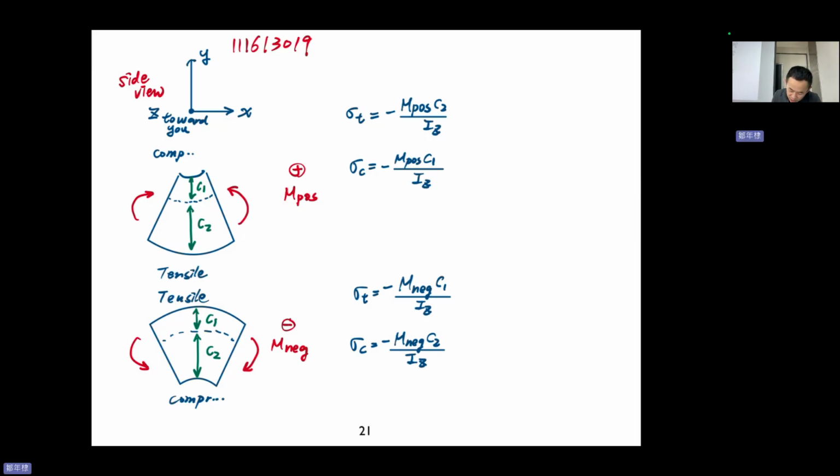I guess I don't have time to finish all the values, but I will tell you the result. This is 50.5, and this is minus 15.2, and this is equal to 26.9, and this is minus 89.8.